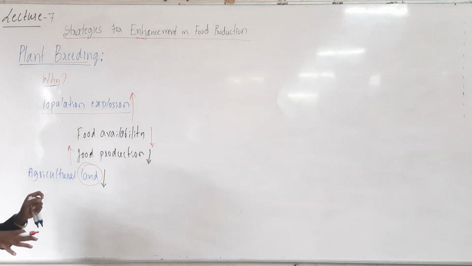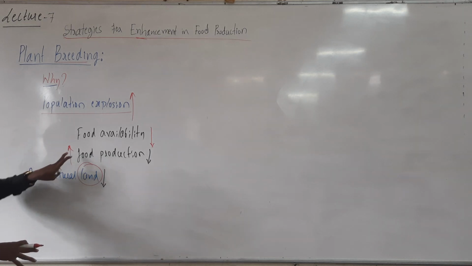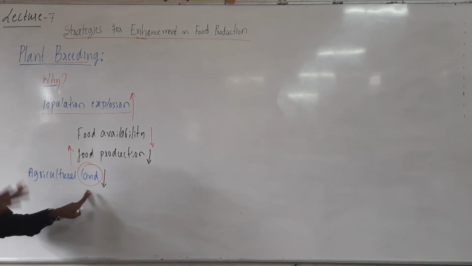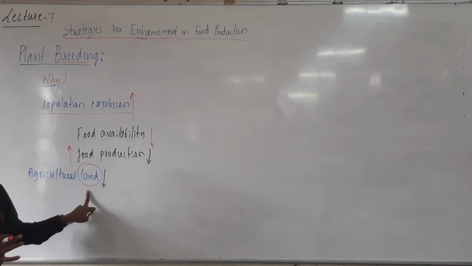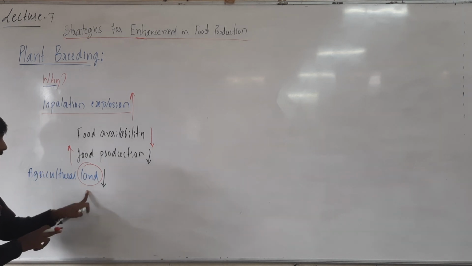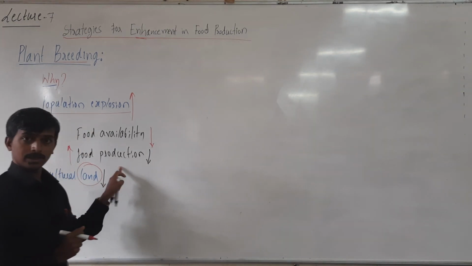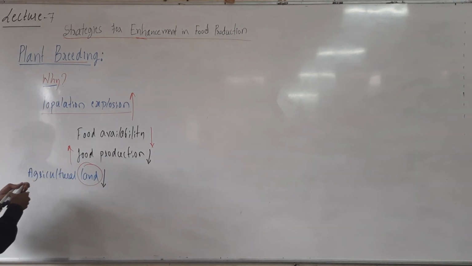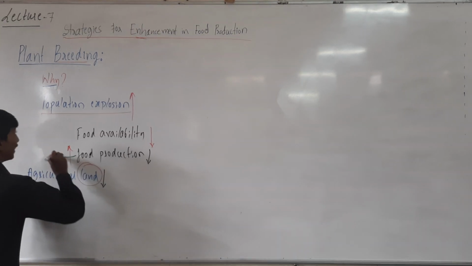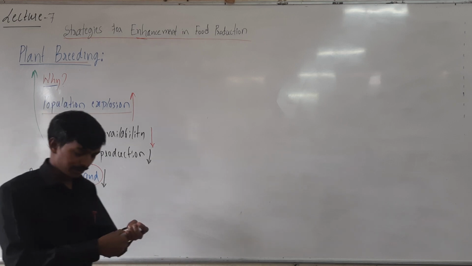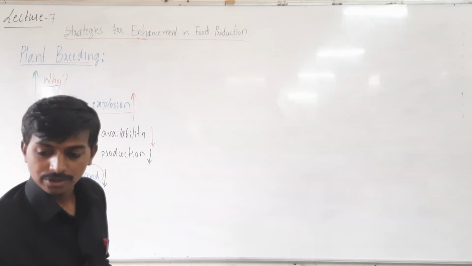So now the task is increasing food production by using the same or a fixed amount of land, right? So for that we should focus on food production. Only then the process started, that is plant breeding, just to increase food production.